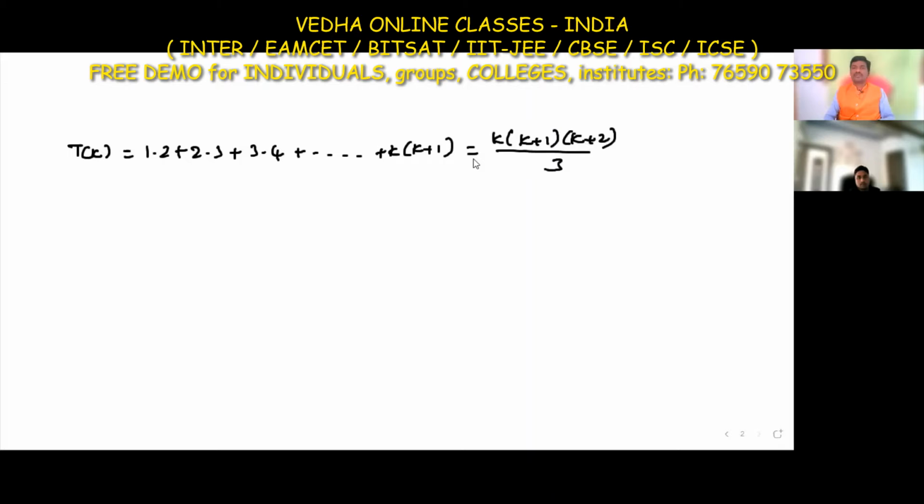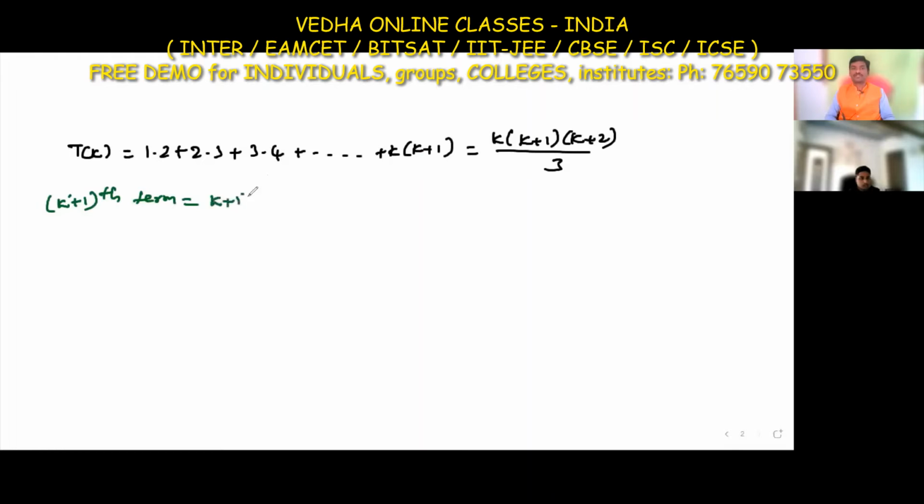Now find the (k plus 1)th term and add that (k plus 1)th term on both sides. Here the (k plus 1)th term: your first term is 1 into 2, second term 2 into 3, third term 3 into 4. Whatever term we want, substitute in place of n or k.